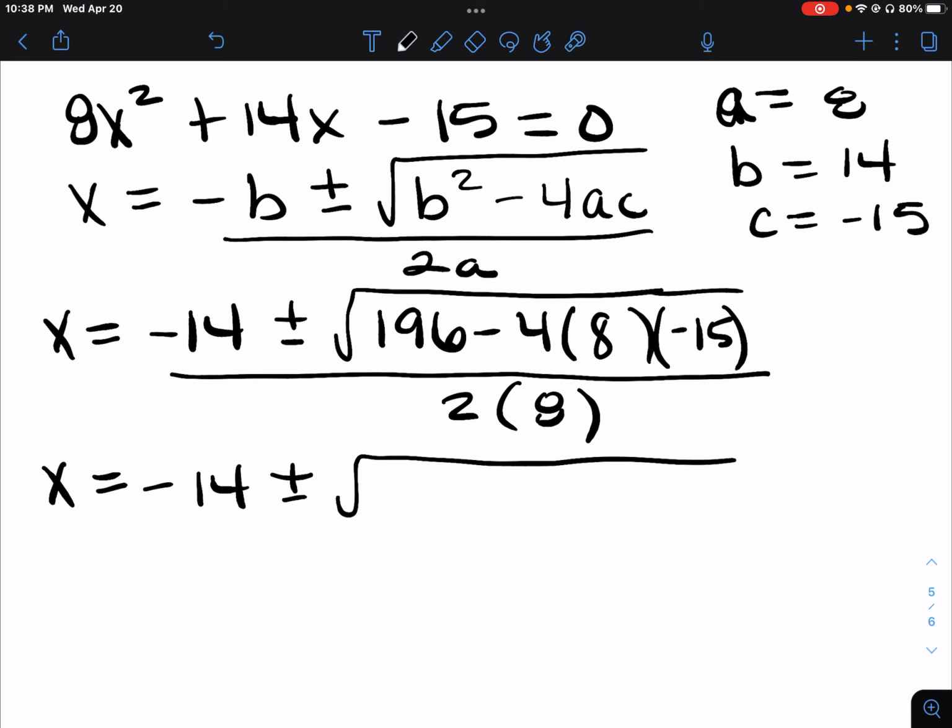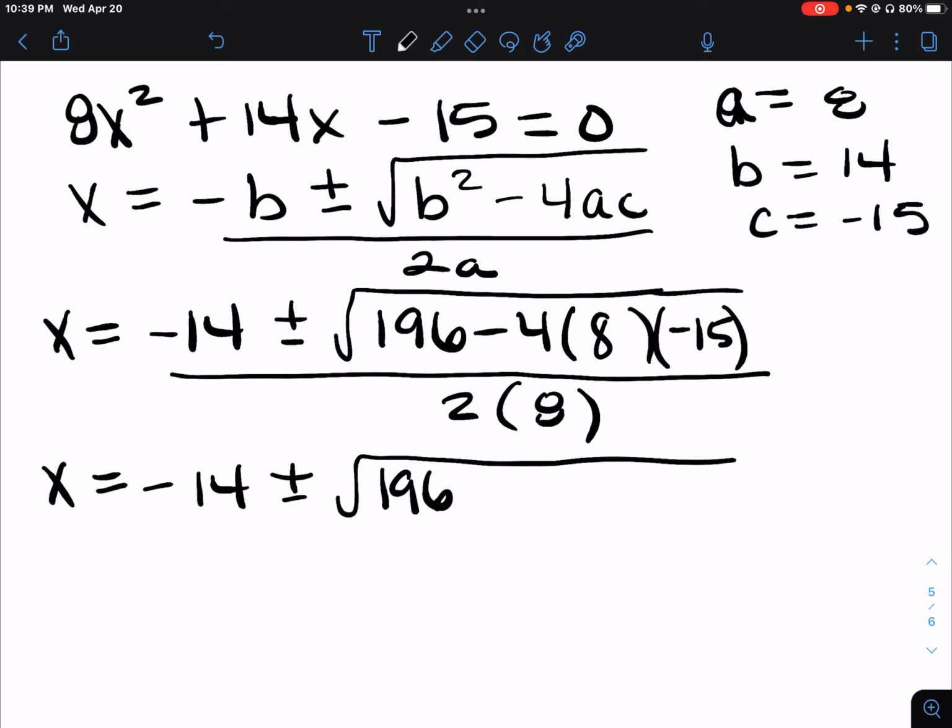Okay, inside that square root, I've got parentheses, but there's nothing inside them to do. Those mean multiplications. So I need to multiply 4 times 8 times 15. Now what are my signs?